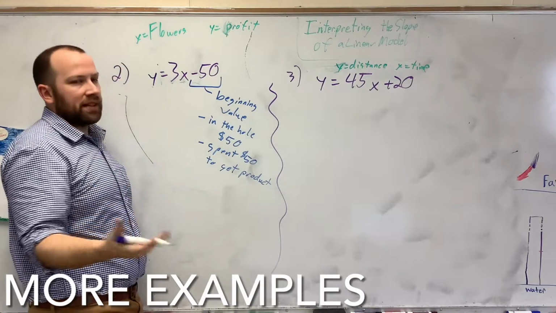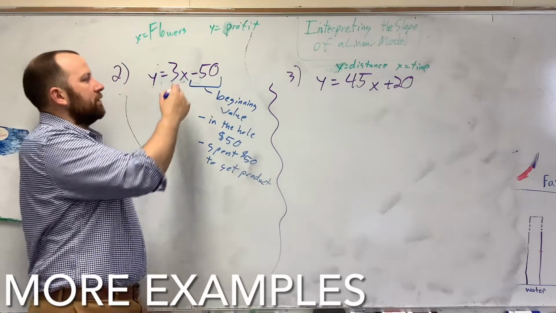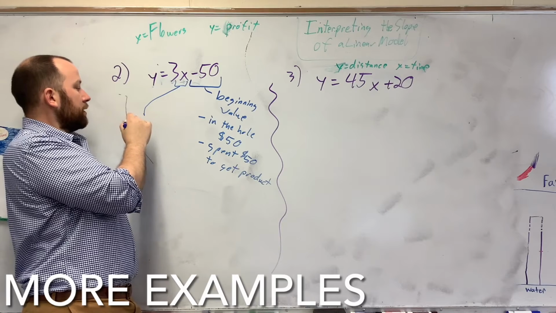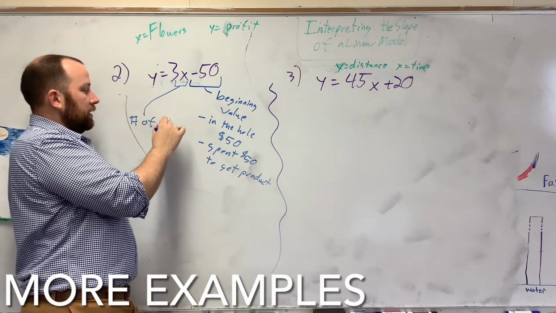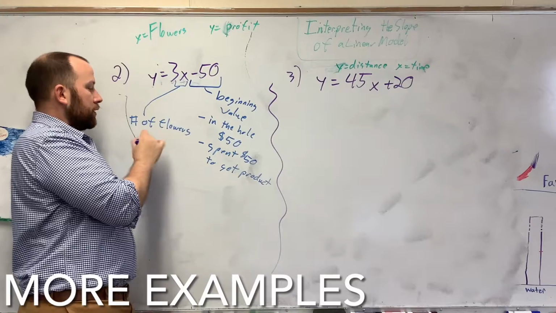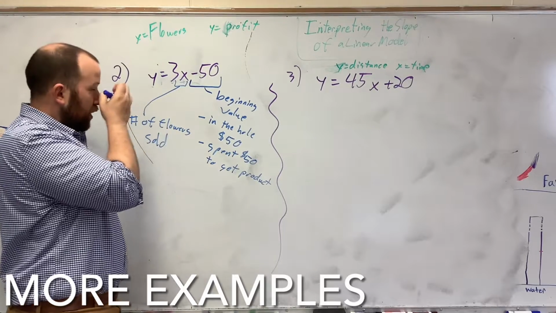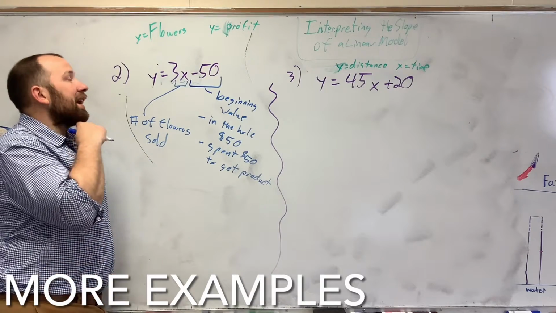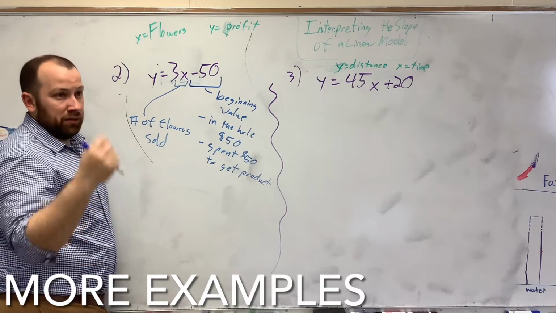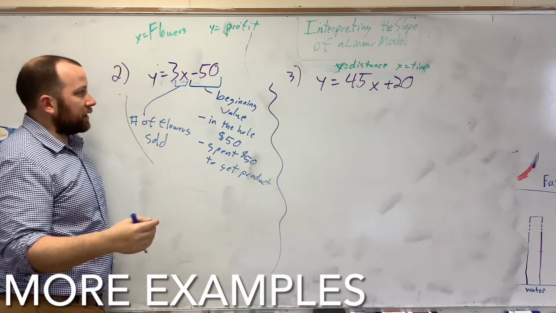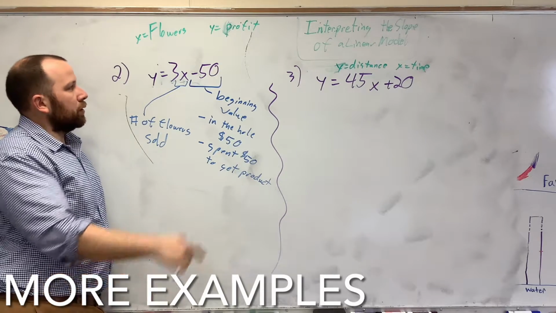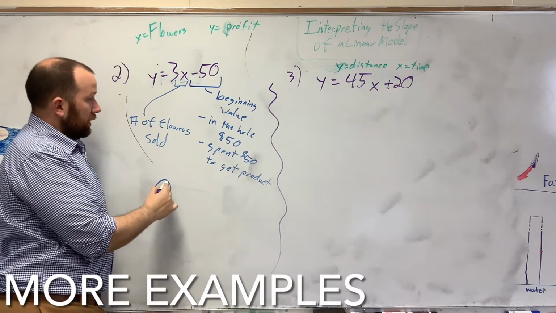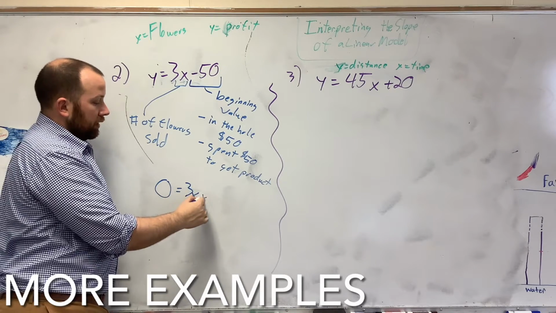Now, how many do I have to sell to break even? Then x is the number of flowers sold. So how many flowers do I need to sell to where I start making a profit? To start making a profit, my y would have to be 0, and then I just solve from there.